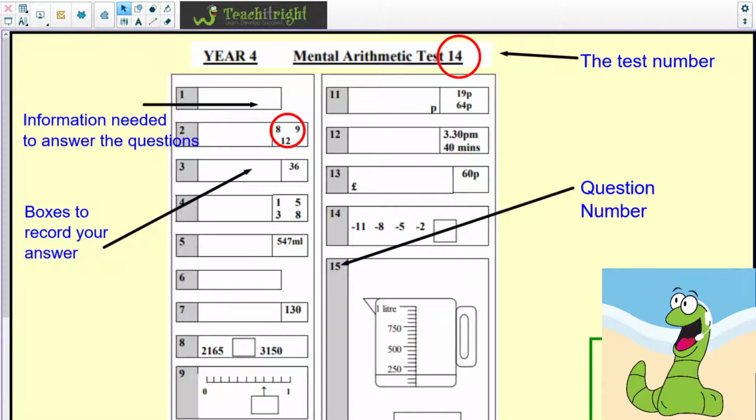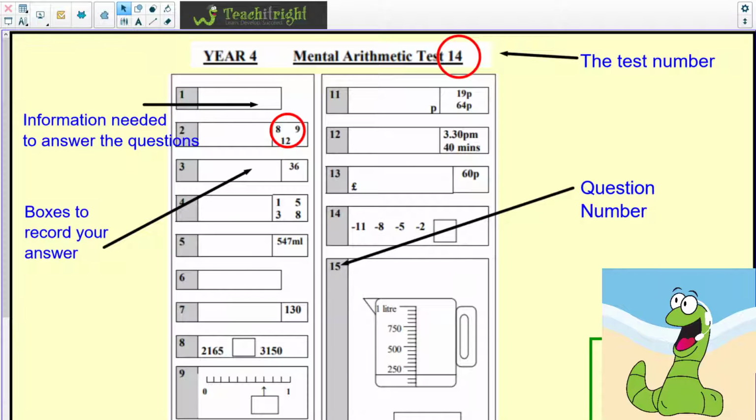Question 7. What is 130 divided by 10? What is 130 divided by 10? Question 8. Write the correct sign or symbol greater than or less than in the empty box.